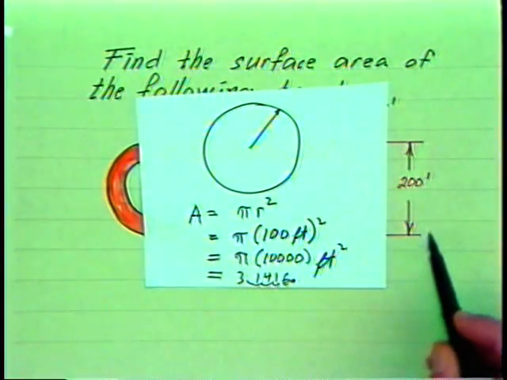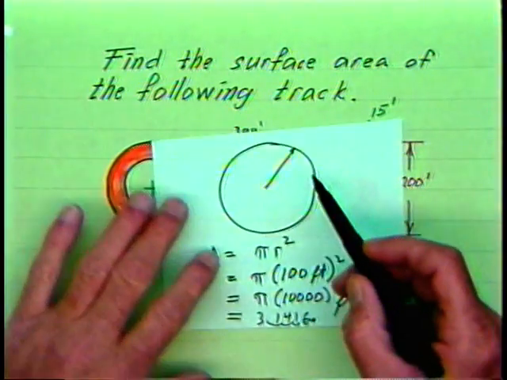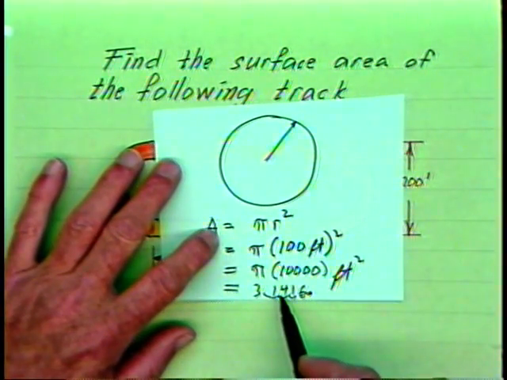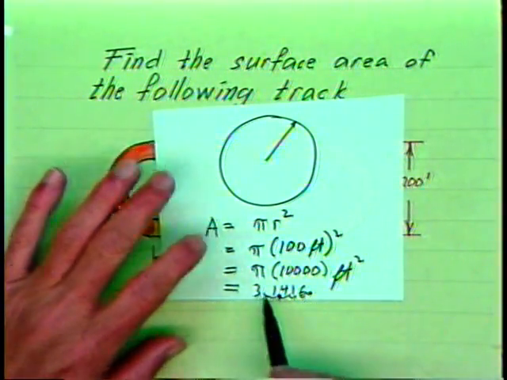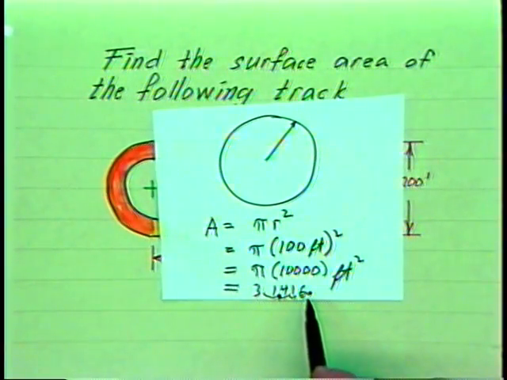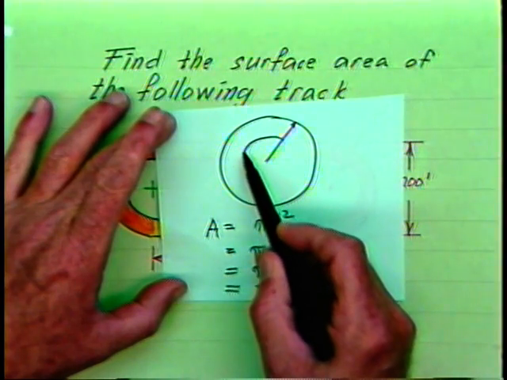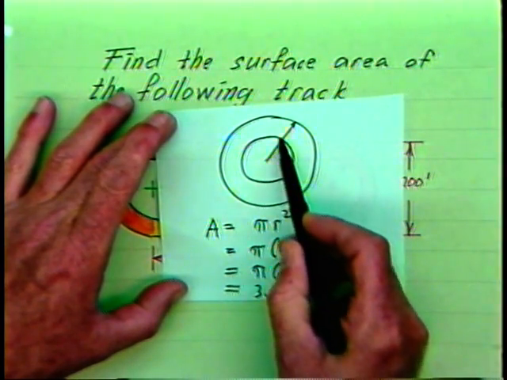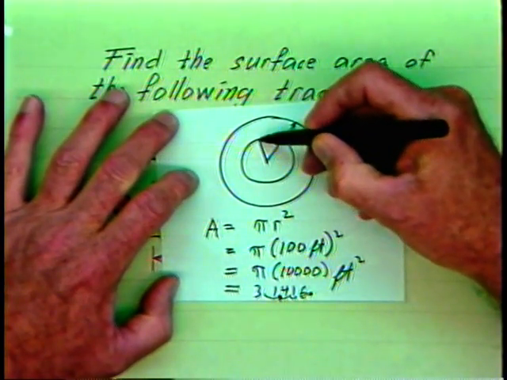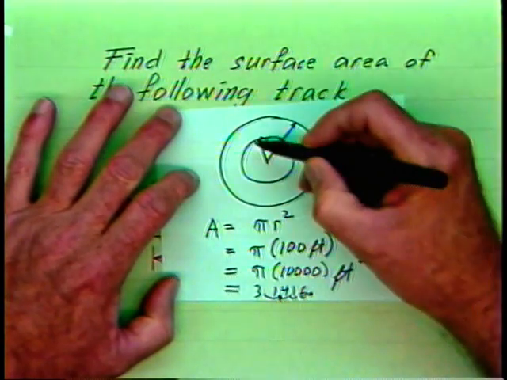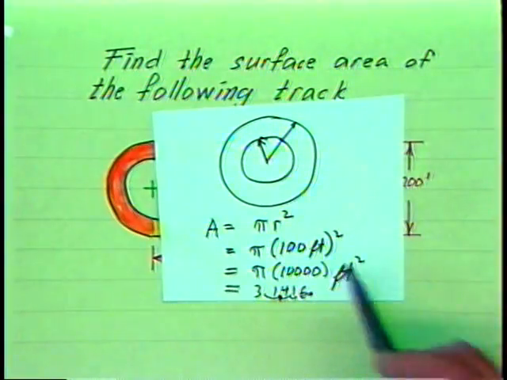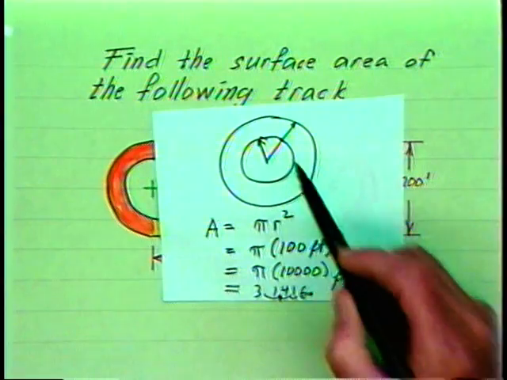So the area of the larger circle is roughly 31,000 square feet. But from that, we must subtract the area of the inside circle. So from our sketch, can we determine what its radius will be?